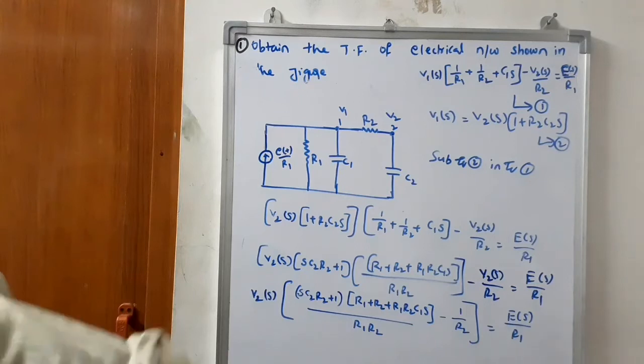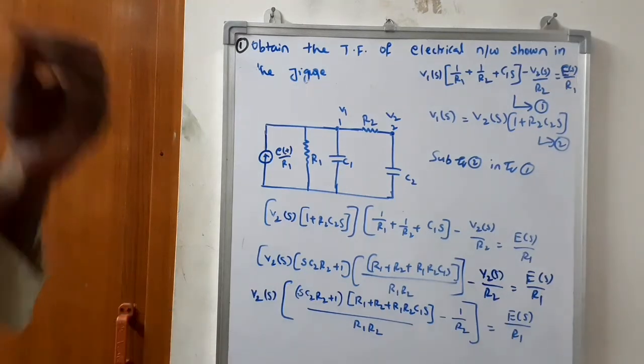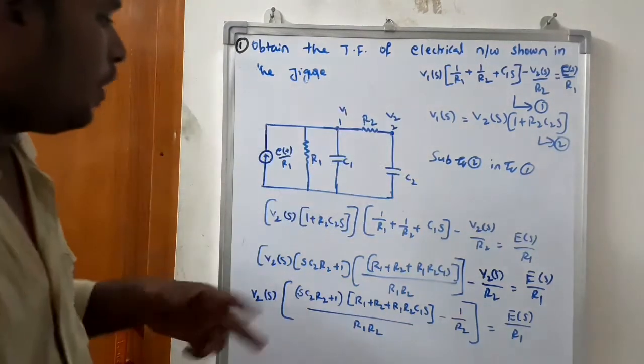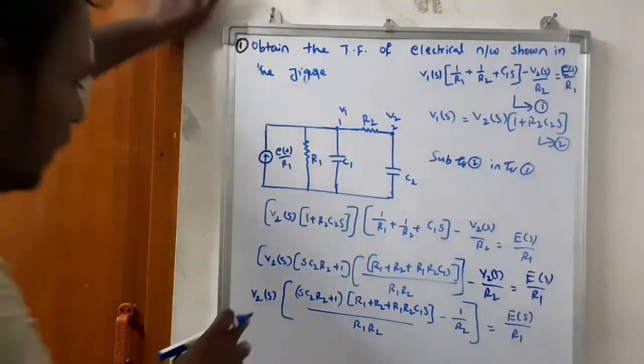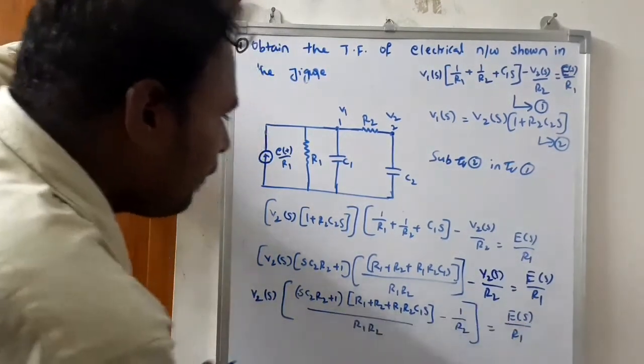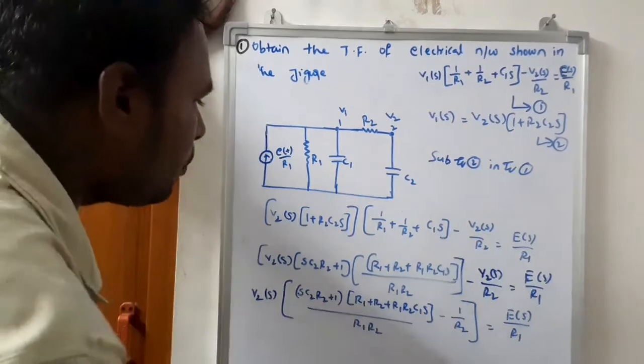Now, what is our overall transfer function? V2(s) by E(s). Take E(s) to this side and the whole term to that side.